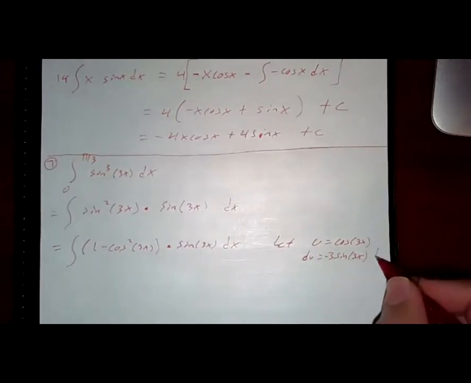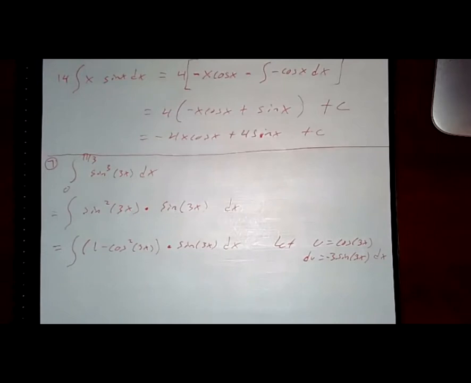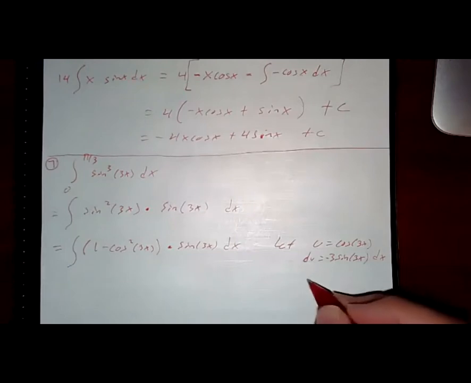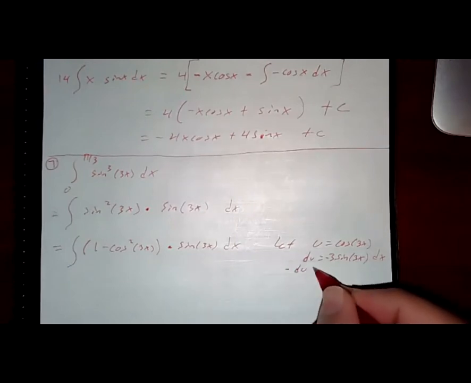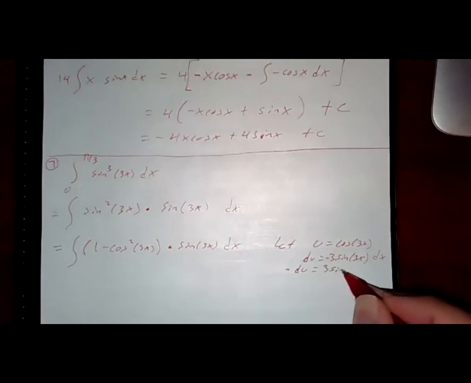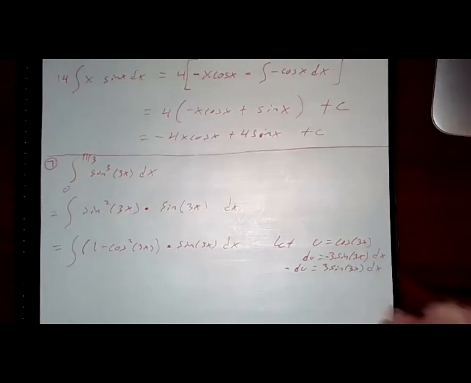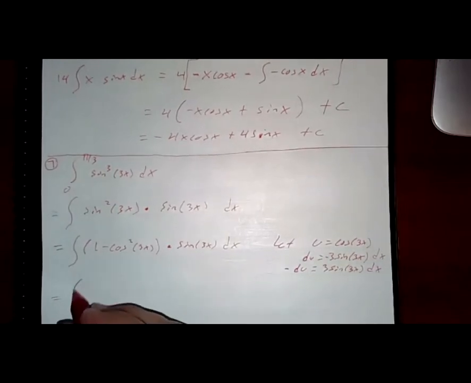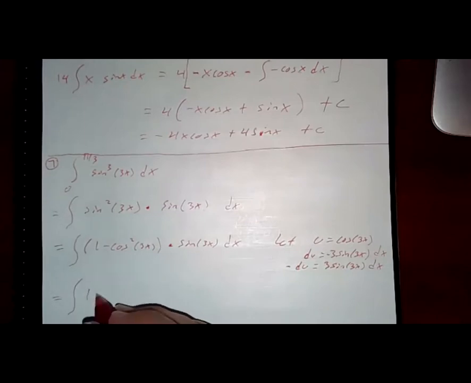So I need to solve for dx, right? I need to put the minus over here. So negative du is equal to 3 sine 3x dx. So this becomes 1 minus u squared.